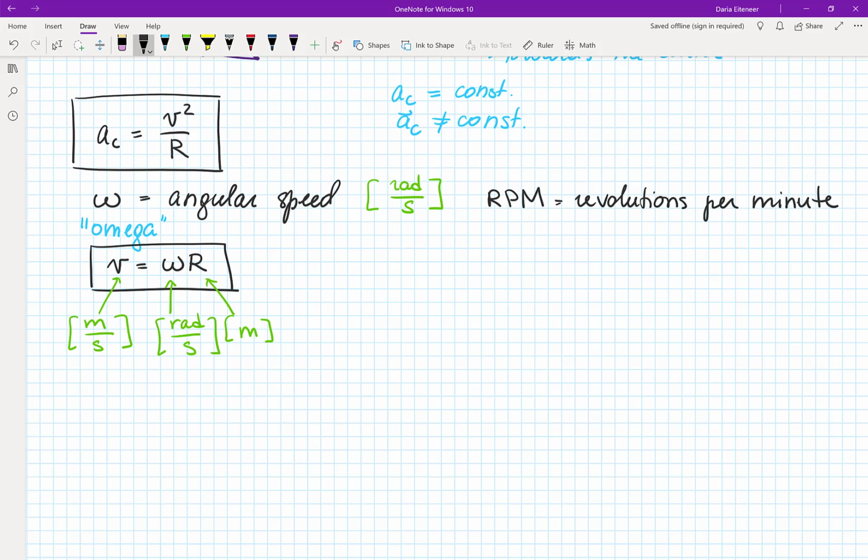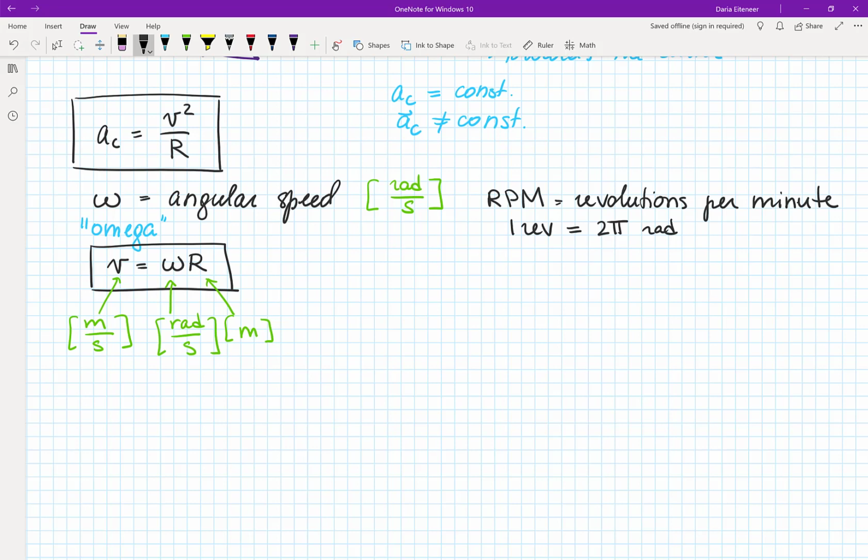Okay, so that's kind of a colloquial everyday unit for angular speed. 1 revolution is 2 pi radians. That should also be familiar to you if you remember the unit circle, how one circle could be 360 degrees or 2 pi radians. So you can convert from revolutions per minute to radians per second. That's just a simple unit conversion. So if you think about RPMs, you kind of already know what angular speed means.